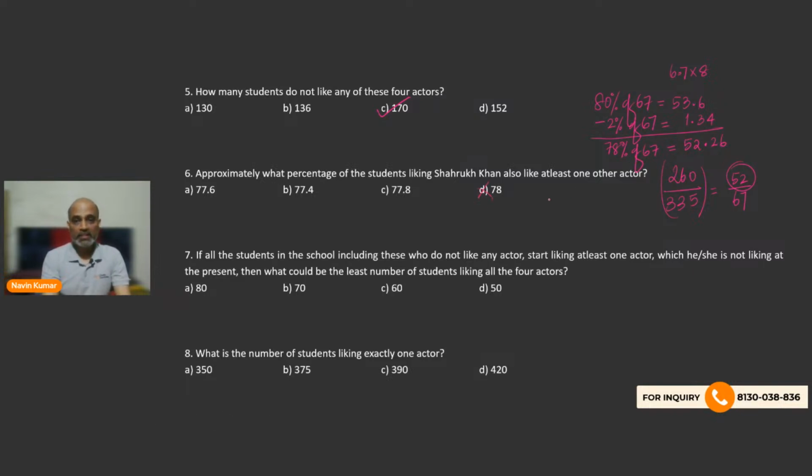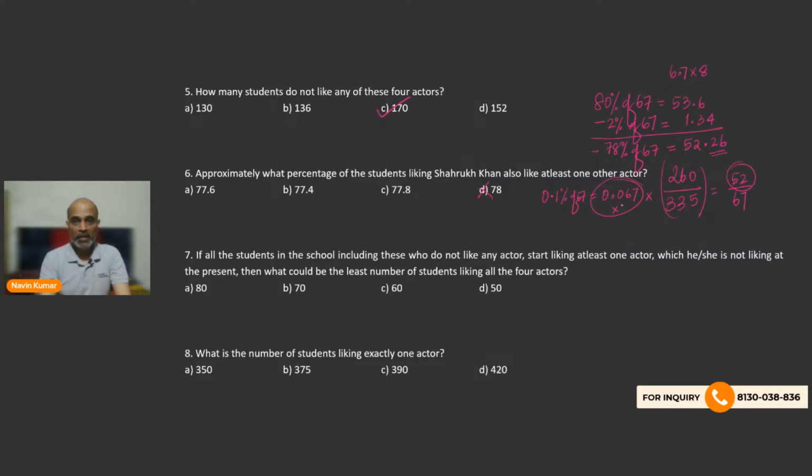Now, let's calculate 0.1% of 67. Now, 1% of 67 was 0.67. So 0.1% will be 0.067. So if we subtract that, we will see that we are going to get closer to 52. So basically the question is 0.067 into what will result in 0.26, because I need to get rid of that, right?